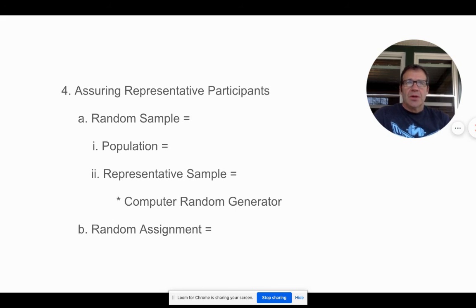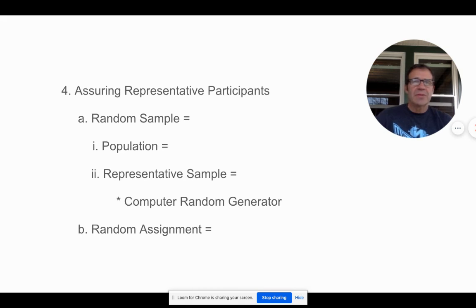So if the University of Wisconsin wants to do a study on their students, they want it to be a representative sample, they need to have every single student have an equal chance of being in that study. Okay, and the best way to do that is a computer random generator, where obviously all the names are in a computer and the computer randomly pulls out however many they want. So if they want 100 of the however many students they have, it's going to automatically pull out 100.